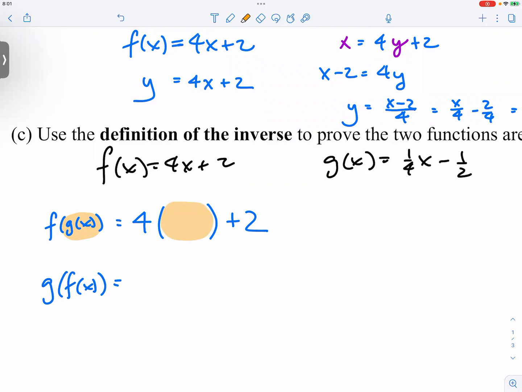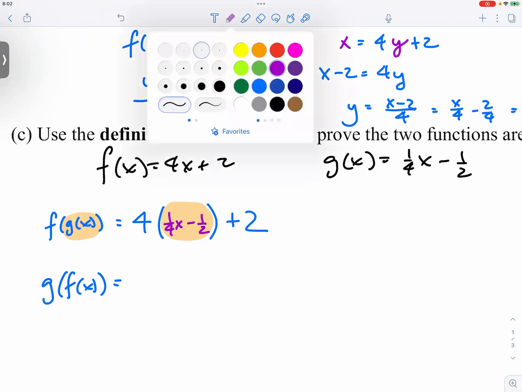Function f is 4x plus 2, right? Now you are getting ready to put something into the x in the f function. And what are you putting in? You're putting the function g that you had earlier.